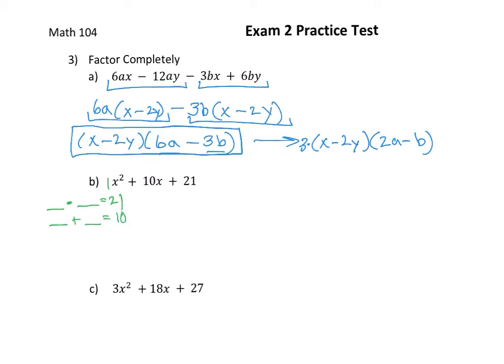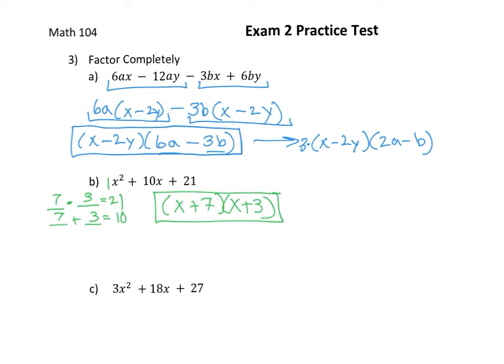Positive, positive, so they're the same sign, which means we'll be adding the two numbers. And they're both positive because it's a positive 10. So we have, looks like it's 7 and 3. X plus 7, x plus 3. There we go.